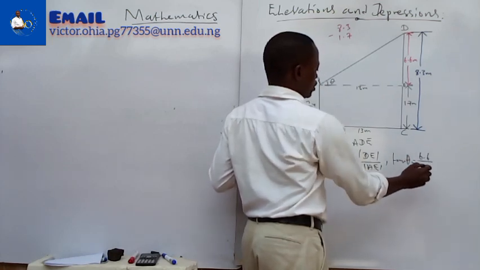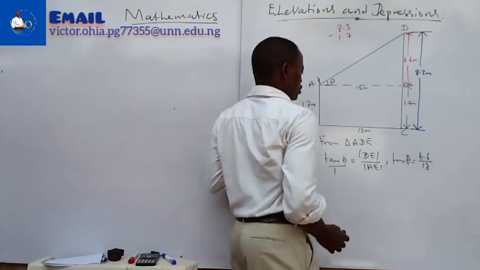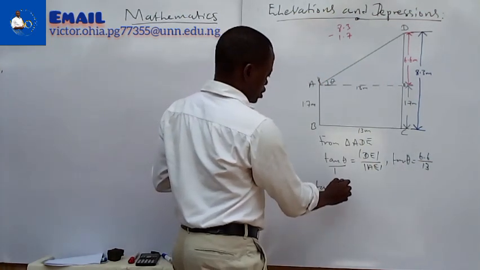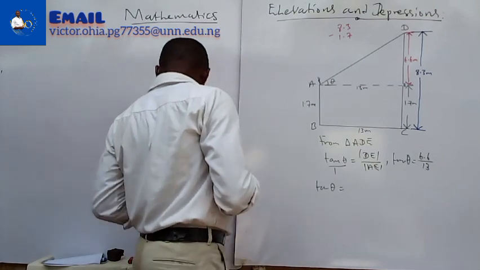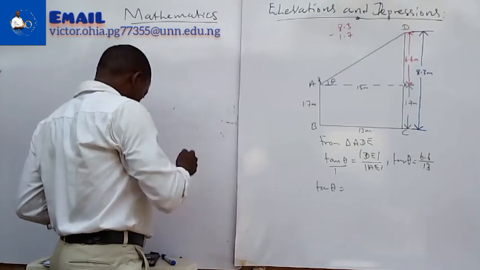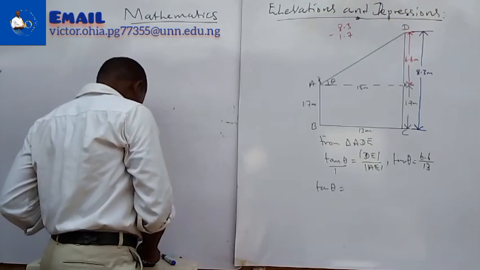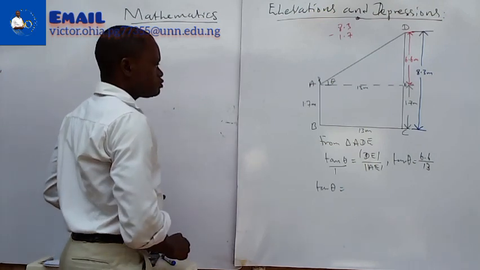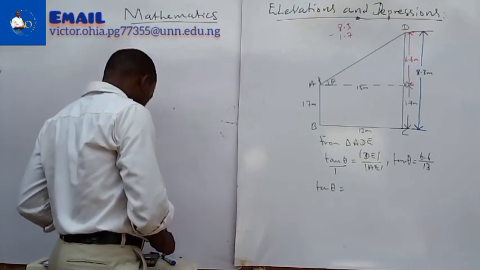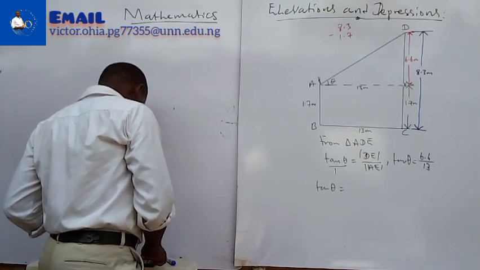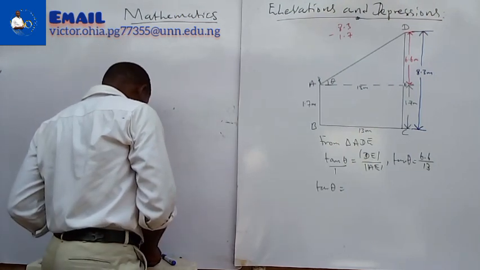So this will become tan theta equals 6.6 over 13, so that I have tan theta equals 6.6 divided by 13.